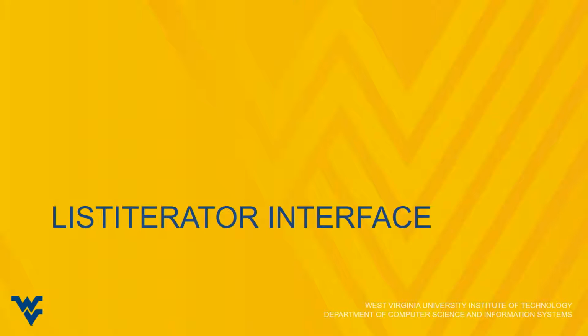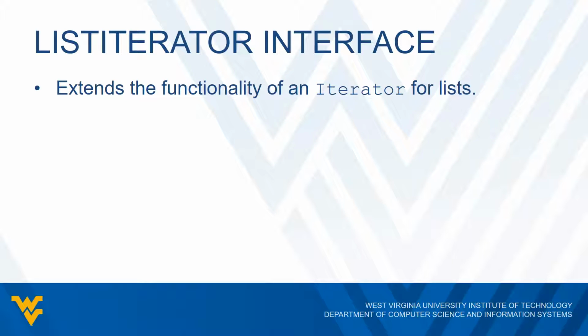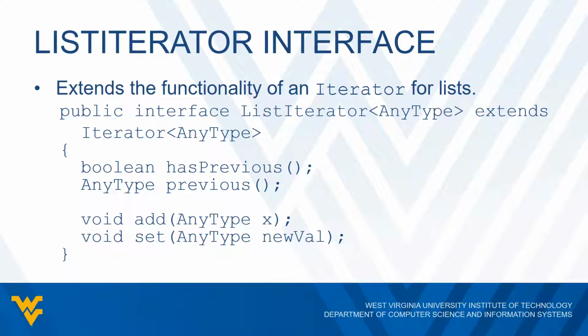We'll now finally get to the list iterator interface that we mentioned earlier. So if you remember, we talked about this list iterator interface, and this actually extends the functionality of an iterator for lists. So let me show you the actual code for this. So we said before, it's called list iterator.